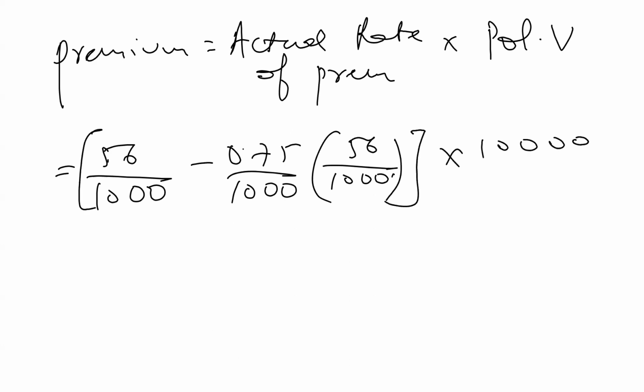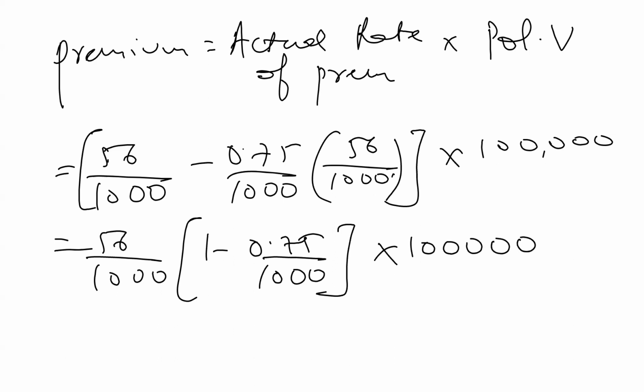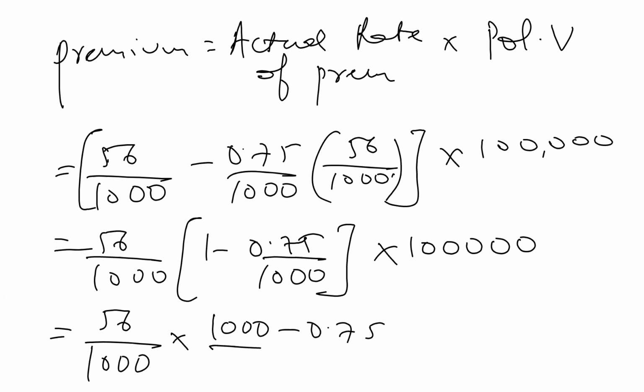Policy value is 1 lakh. Take 56 by 1000 common: 1 minus 0.75 upon 1000, into 1 lakh. So 56 upon 1000 into 1000 minus 0.75 upon 1000 into 1 lakh.